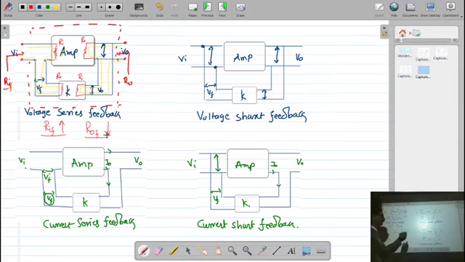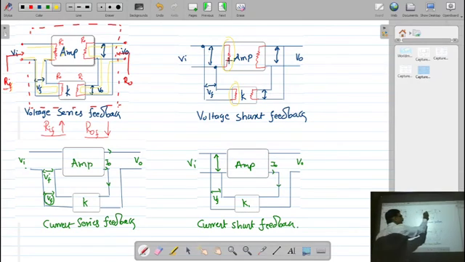Now, look at this another circuit, voltage shunt feedback. In voltage shunt feedback, if we see again a resistance, this is the input resistance of the amplifier, this is the output resistance of the amplifier. Here we have the input resistance of the feedback network and this is the output resistance of the feedback network. Now, in this case you will find that this resistance and this resistance both are parallel to each other.